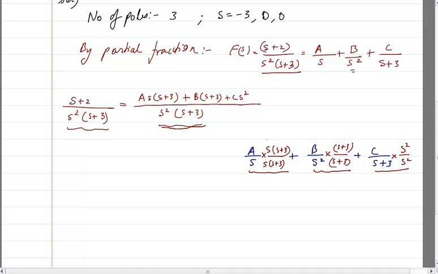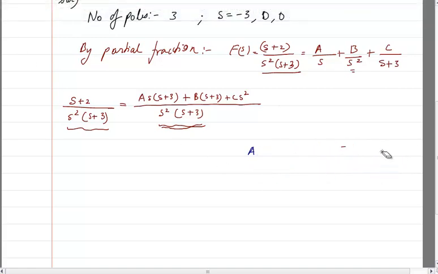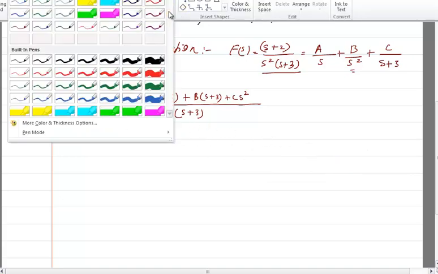Whatever comes in the numerator, which is A into s into s plus 3, plus B into s plus 3, plus C into s squared, that is going to be the numerator, and that is what we have done here. It's just for the benefit of those who don't understand this concept. So now the denominator is common.